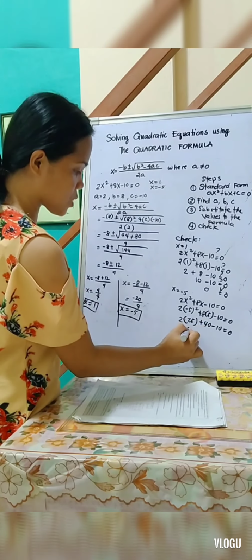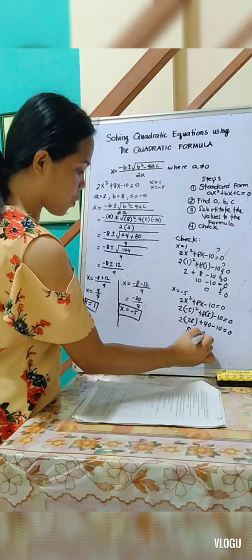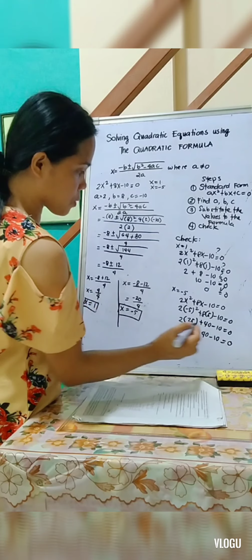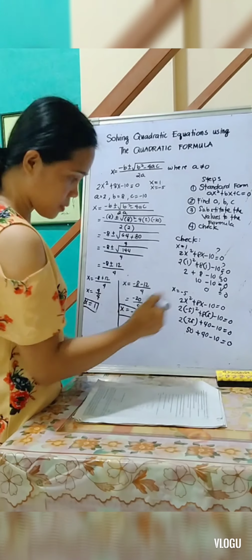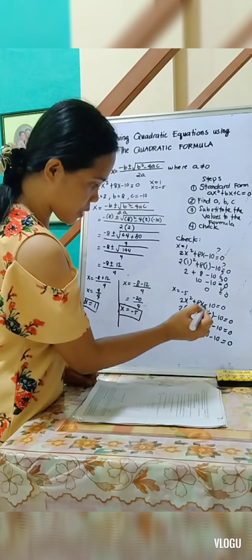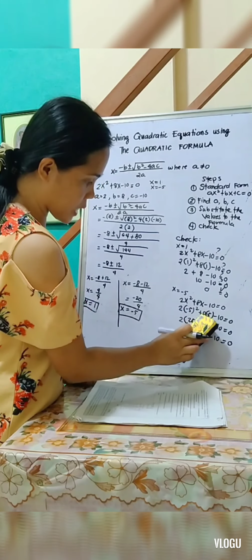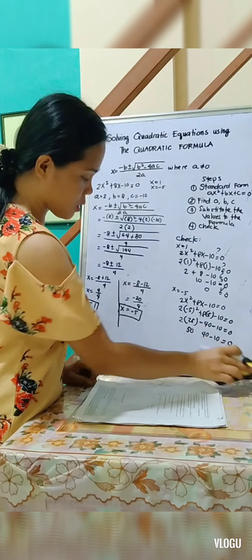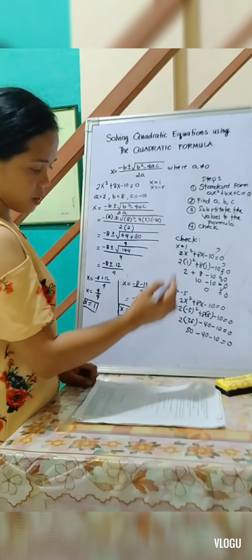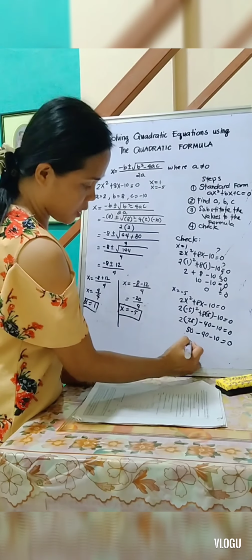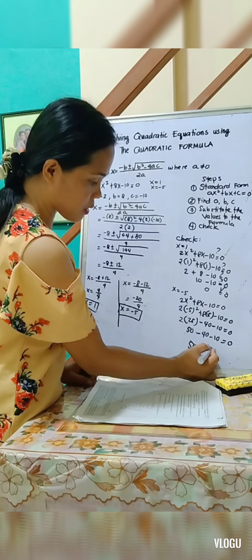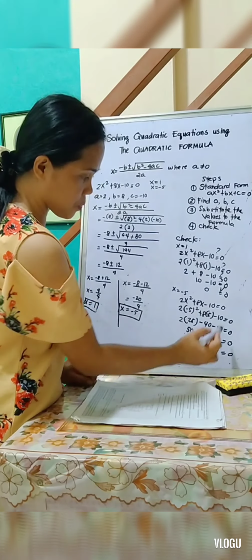Sorry, it should be negative 5. So you have positive 50, negative 40, and negative 10.